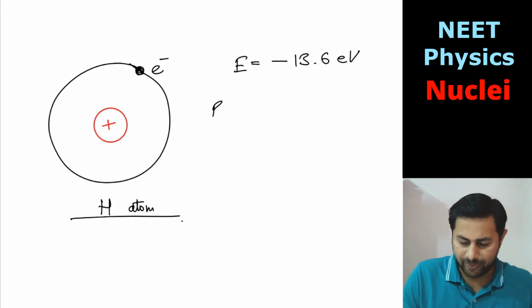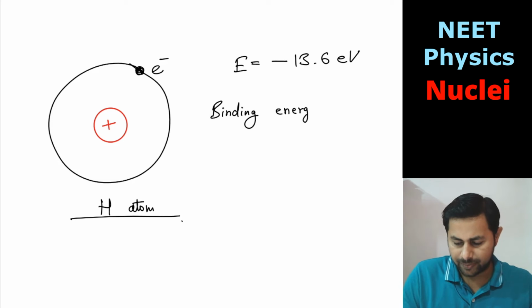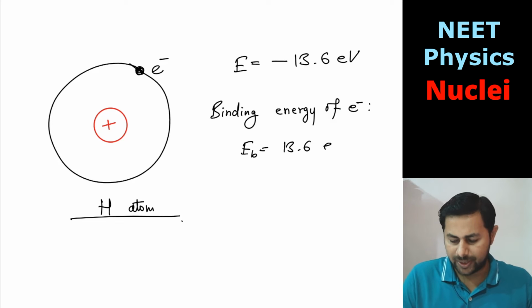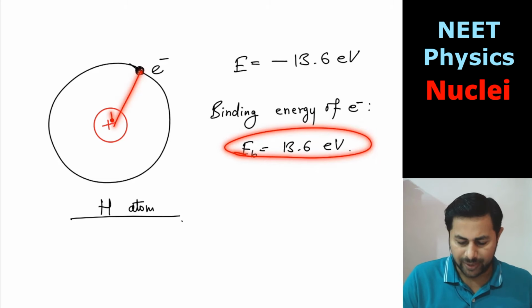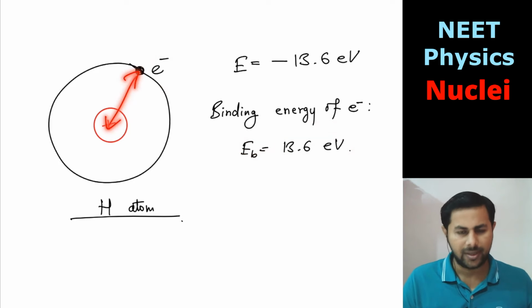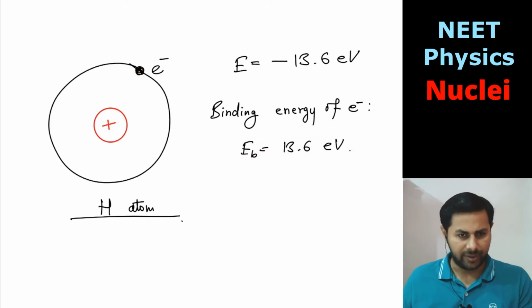The binding energy of this electron, EB, is 13.6 electron volts. It's the energy required to make this electron free. That energy is known as binding energy.